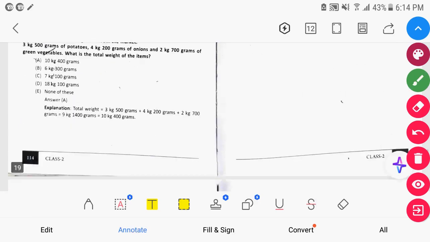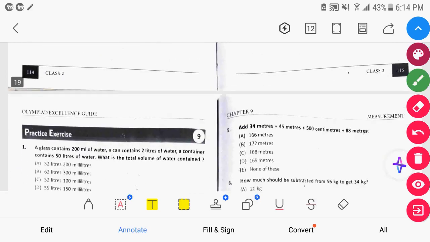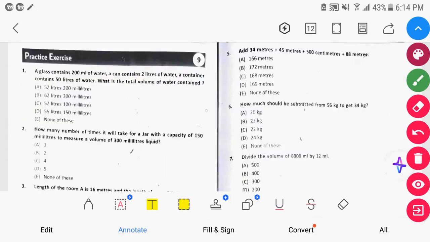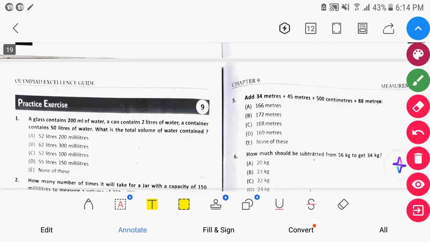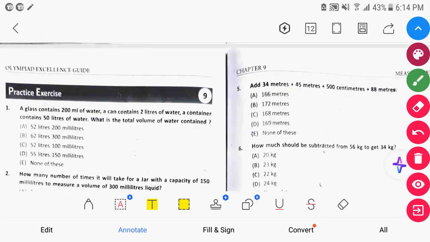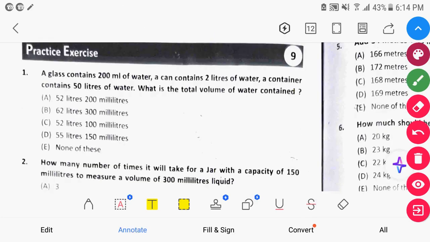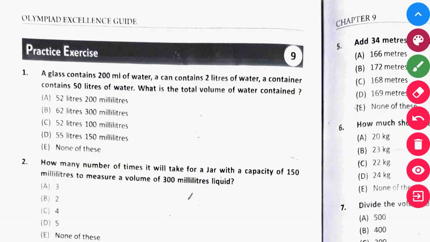Now we'll solve the practice exercise. Our very first problem is: a glass contains 200 ml of water, a can contains 2 liters of water, a container contains 50 liters of water.